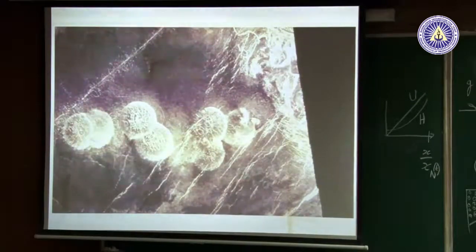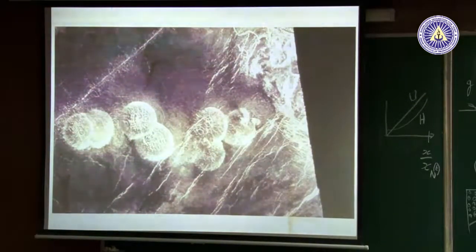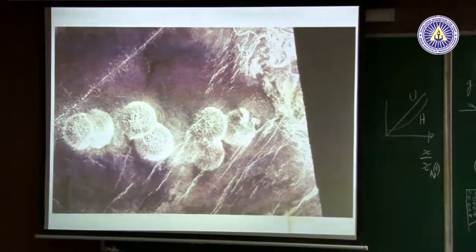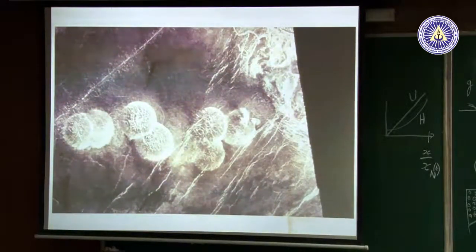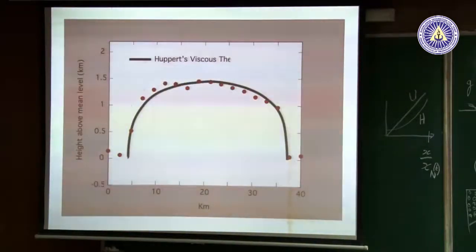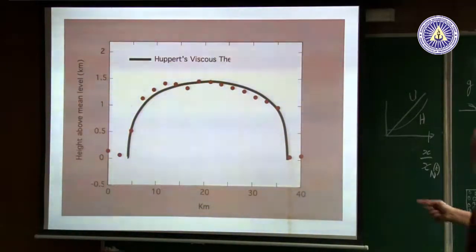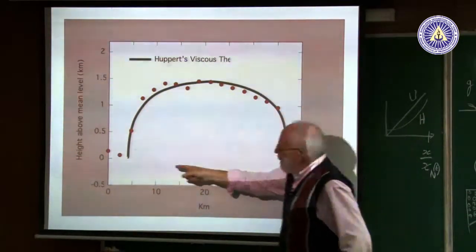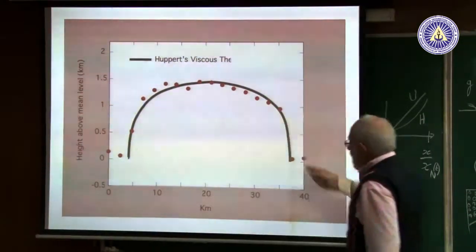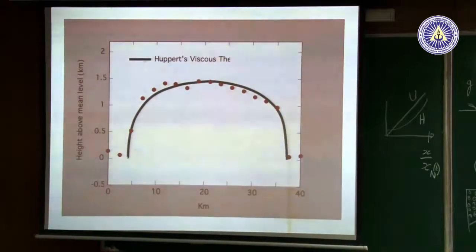Here's just an example of the domes on Venus. I think I showed you this, and my friend Dan McKenzie was involved in the so-called Magellan expedition, and he said, these are just like Huppert's gravity currents, and he chose my scale of how it should vary in the axisymmetric case.